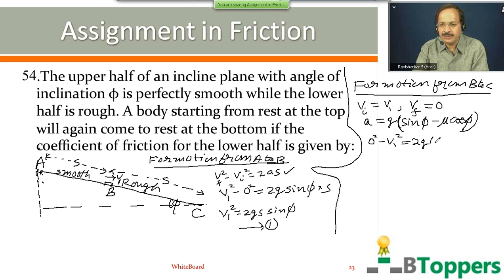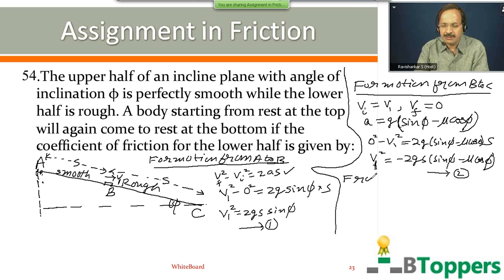So acceleration is equal to g into sine phi minus nu into cos phi. Magnitude of the displacement is again denoted by S. So you get V1 square equal to minus 2gs into sine phi minus nu cos phi. You can equate the value of V1 square from the two equations, 1 and 2.